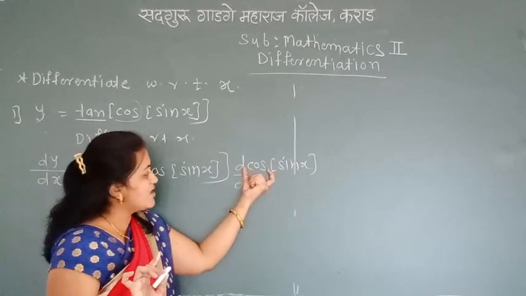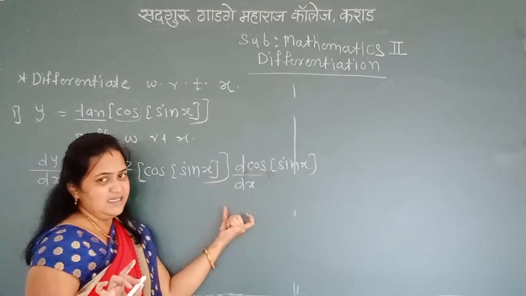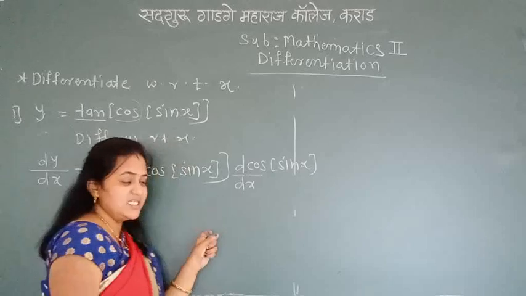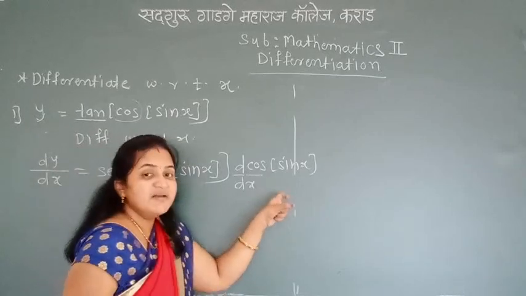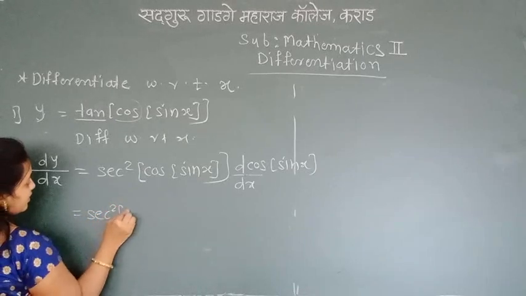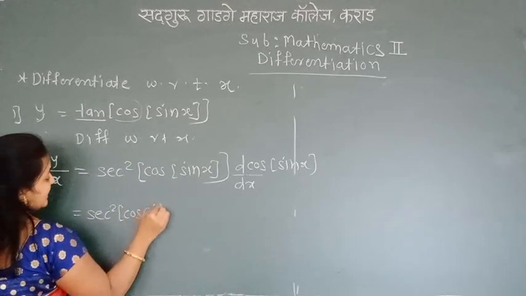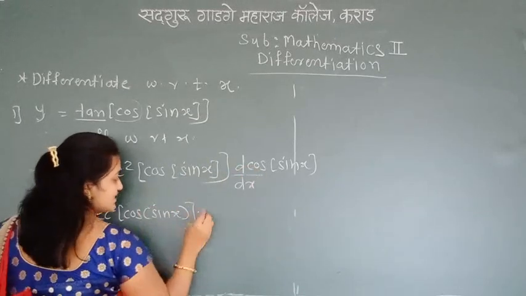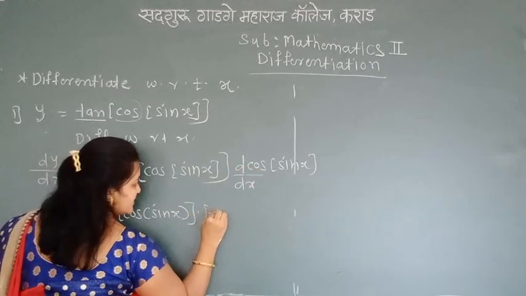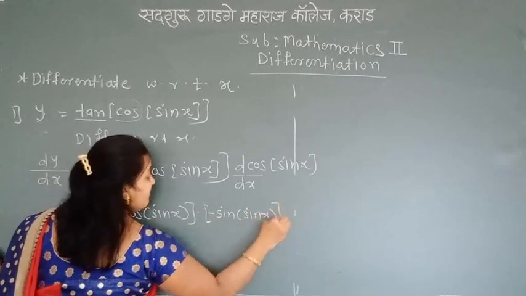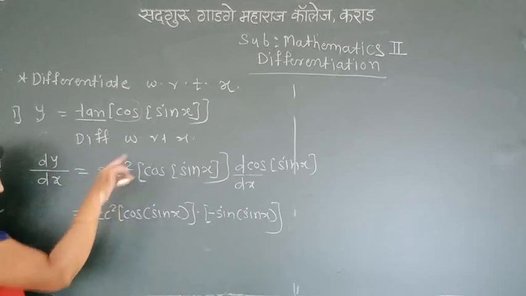What is the derivative of cos x? Minus sin x. So the derivative of cos of sin x is minus sin of sin x. So we get sec square of cos of sin x as it is, multiplied by the derivative of cos, which is minus sin of sin x. Now again we find the derivative of sin x.